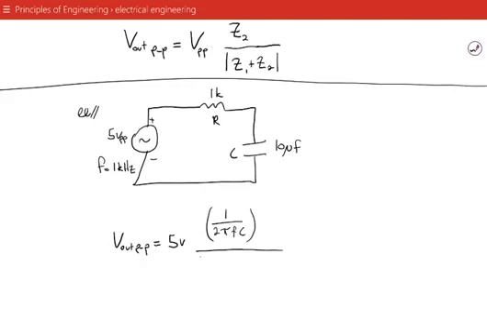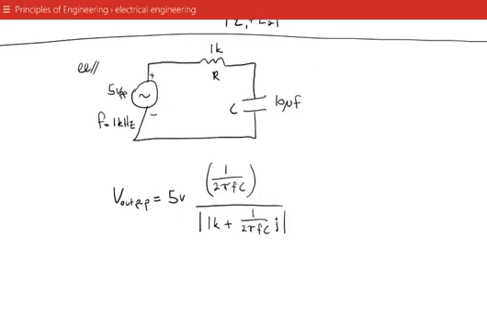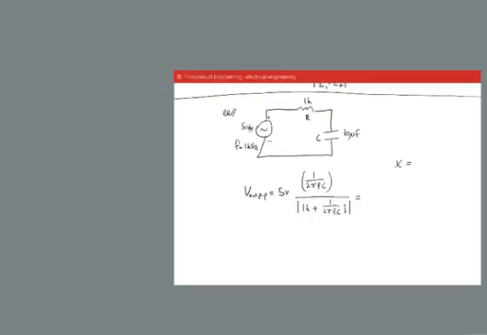And so that's the magnitude of the resistor, 1K, plus 1 over 2 pi frequency times capacitance, j. Or we could write this a little bit differently. If we found what the reactance was equal to, so 1 over 2 pi fC.